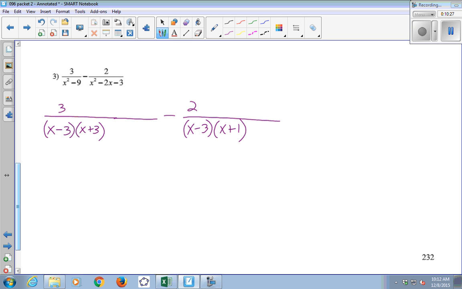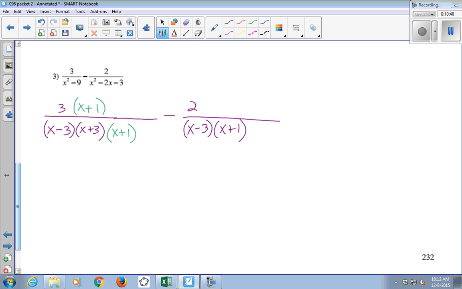Okay, so the two fractions look at each other and they say, okay, we both have x minus 3s, that's cool, right? But one of them has an x plus 3 and one of them has an x plus 1, and both fractions want to look the same. So this fraction needs an x plus 1. And if you put it on the bottom, you got to put it on the top.